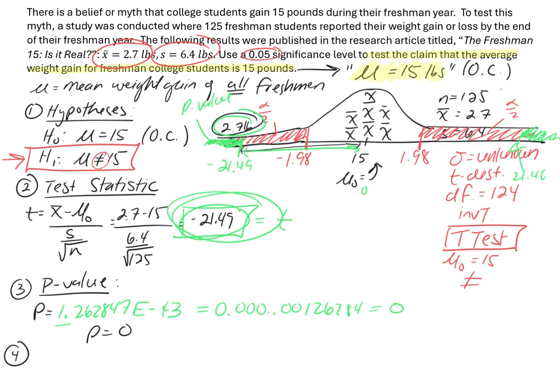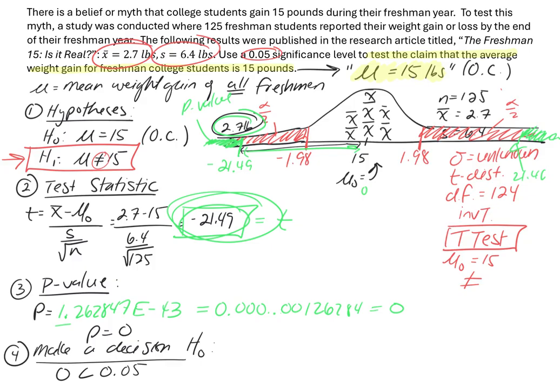In step 4, we're going to make a decision about your null hypothesis claim. So make a decision about H0. So here, I'm going to use the p-value method. You are welcome to use the critical value method, but I'm going to use the p-value method. So the p-value method says compare the p-value of 0 to your significance level of 0.05.